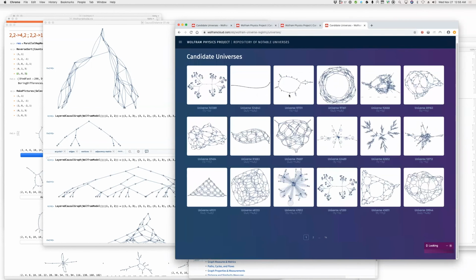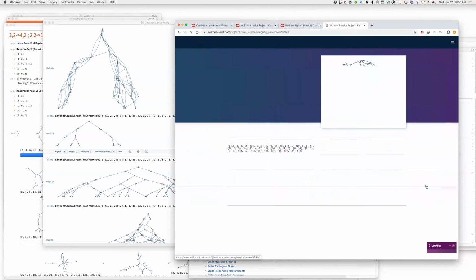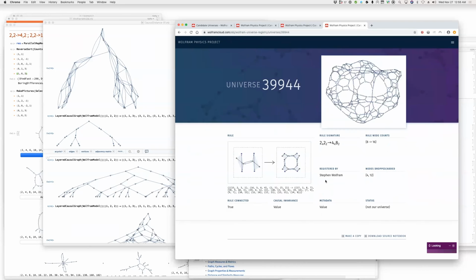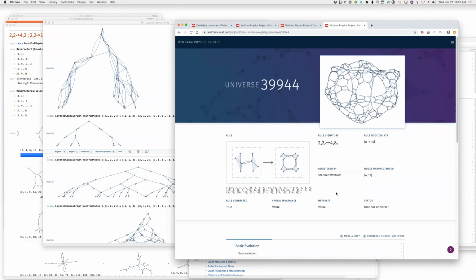Okay, pick a graph here. Which would you like to see? Should we look at one of these guys? Sure, okay. Actually, let's look at that one. Oh, for God's sake, why is this so damn slow?